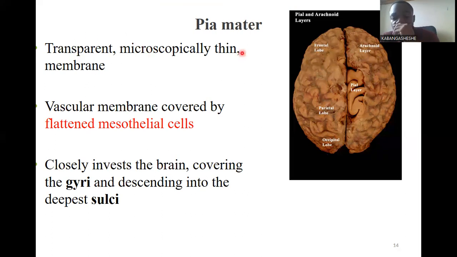So we find it in the digestive system as peritoneum. We find it in the pelvis also as peritoneum. Here it is working as pia mater. So you can see the brain underneath it. Here the pia mater has been ripped off, so we can see the brain tissue without the pia mater here. But this is brain tissue with pia mater.